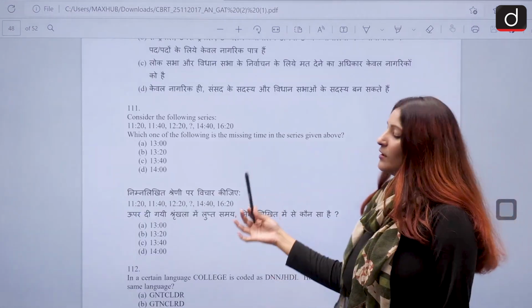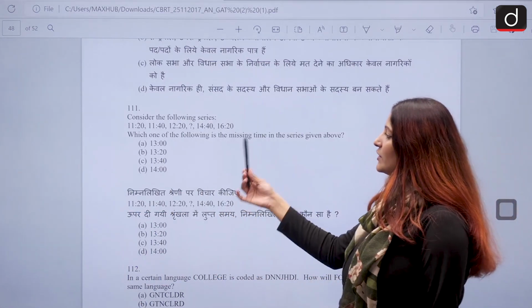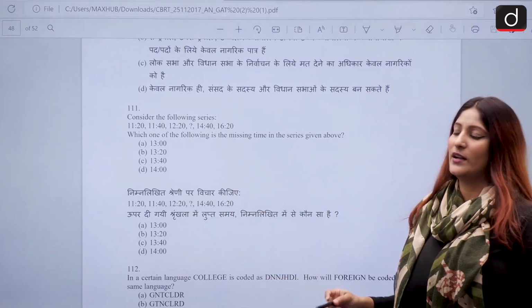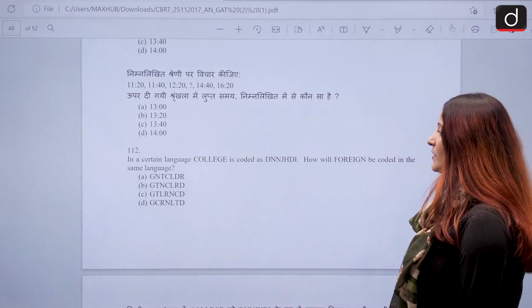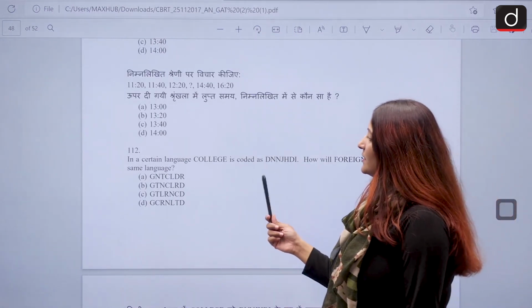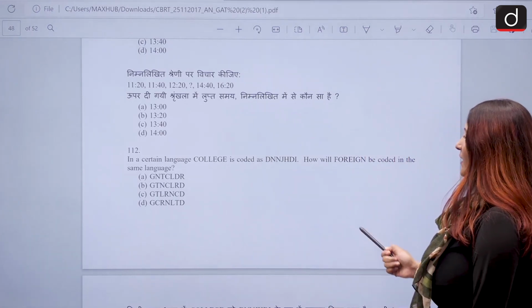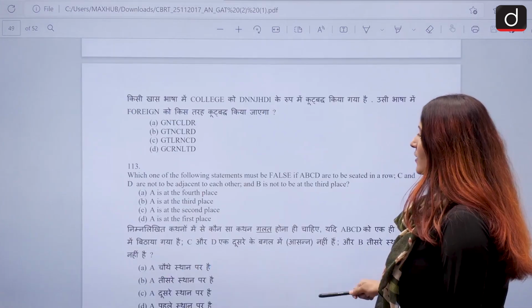Now here, general mental ability. Consider the following series: 11:20, 11:40, 12:20, question mark, 14:40, 16:20. And I just told you that there is going to be a penalty of 1/3 marks. In a certain language, college is coded as DNNJHDI. How will foreign be coded in the same language? Logical reasoning.